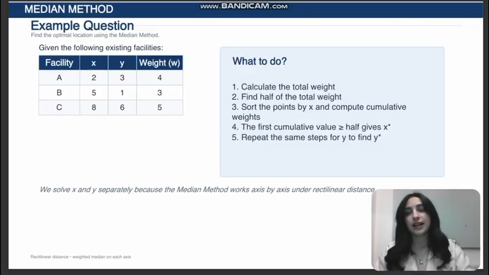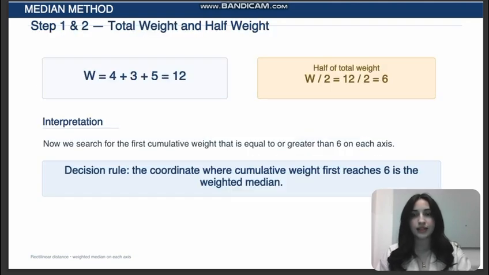So here is an example of this method. We are given different facilities with their x and y coordinates and their weights. Firstly, we calculate the total weight. Here we sum the 4, 3, and 5, which equals 12.